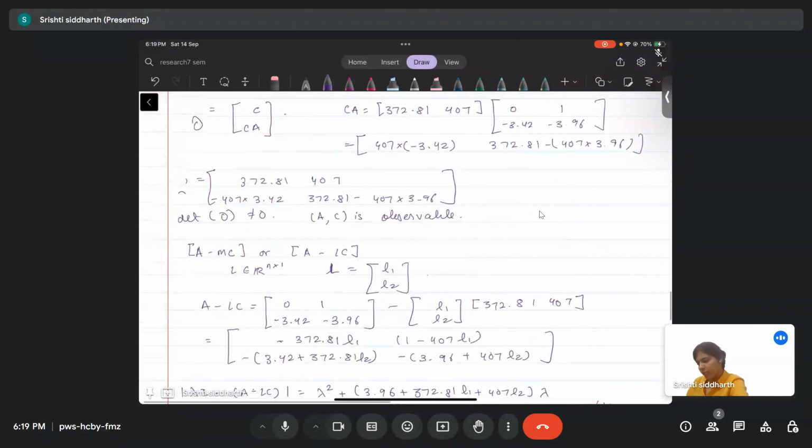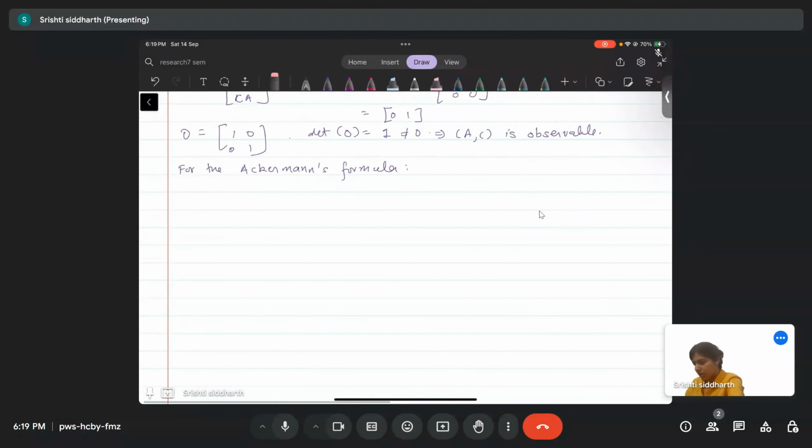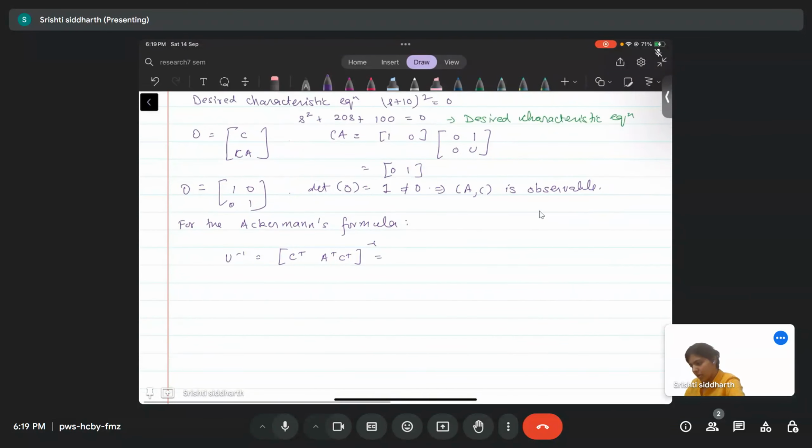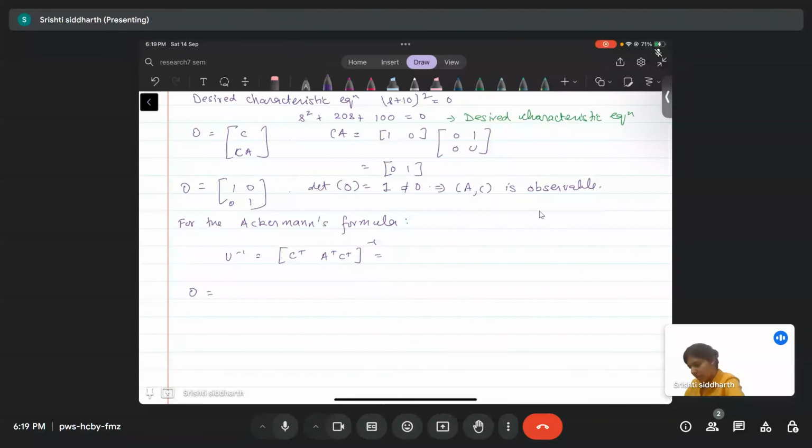So if we have A transpose and C transpose, then from Ackermann's formula, what is U inverse? This is simply C transpose, A transpose C transpose, inverse. We already have the observability matrix as C, CA.